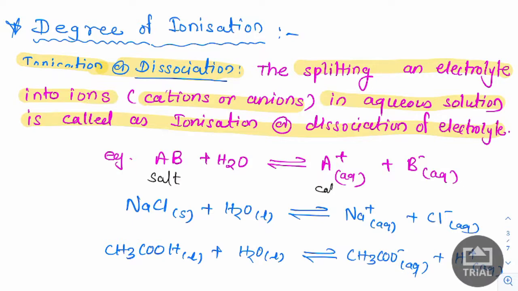So when you dissolve this salt in water, the salt gets dissociated or ionized into A plus ions and B minus ions. This formation of ions is called ionization or dissociation of the salt.